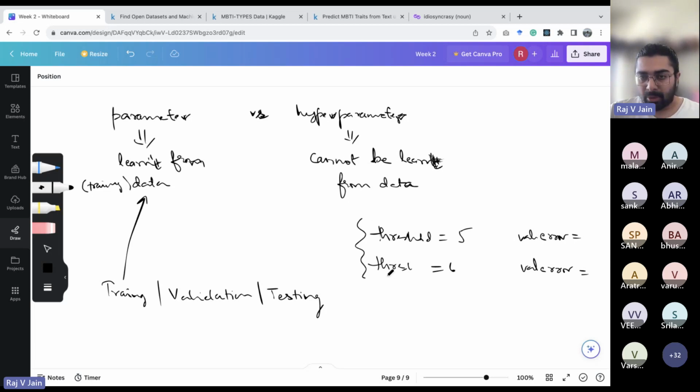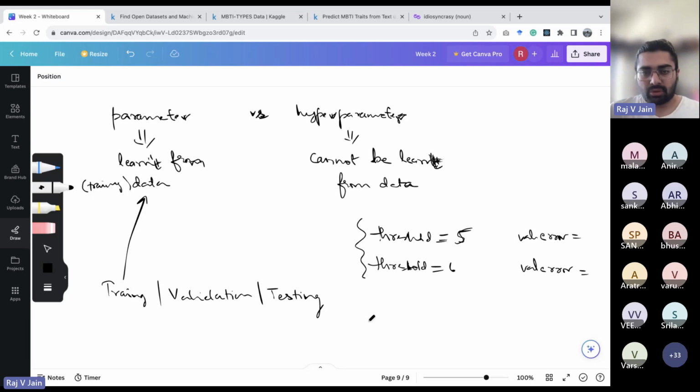So now you will try a couple of these values. How many values you should try, nobody has a good answer. What we generally do is try different values based upon how much computation power you have. Then whichever hyperparameter gave you the least validation error, you will choose that.